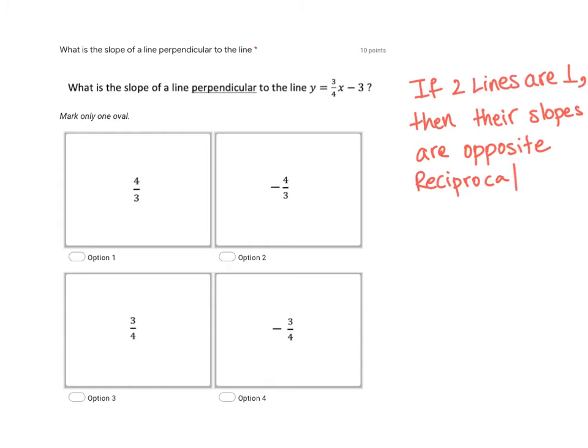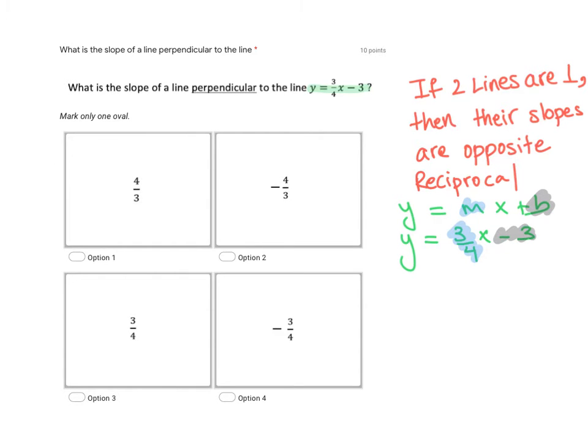So let's look at the equation that they have given me. They have given me an equation written in the slope-intercept form. y equals mx plus b, where m is the slope, which is 3 over 4 over here, and b, which is the y-intercept, is -3.